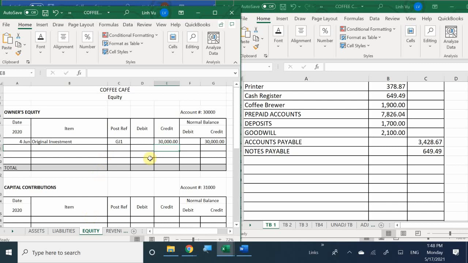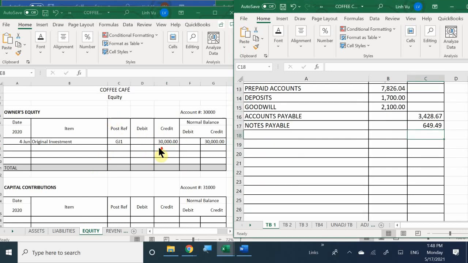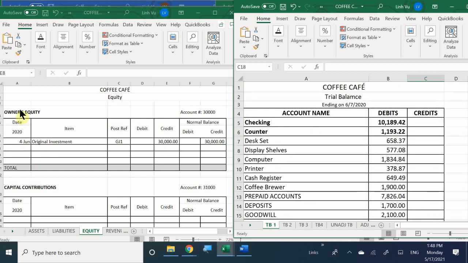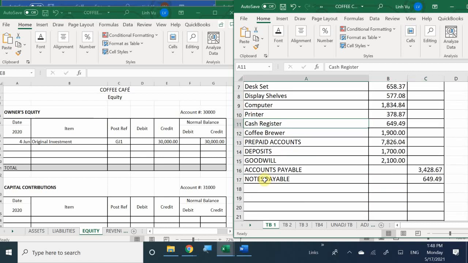So next that we have is going to be my equity. Okay. So this is where I'm going to take a look at my accounts. I should have my very initial one, which is my original investment. So in this case, I should have owner's equity. And right now, what is it worth? 30,000.